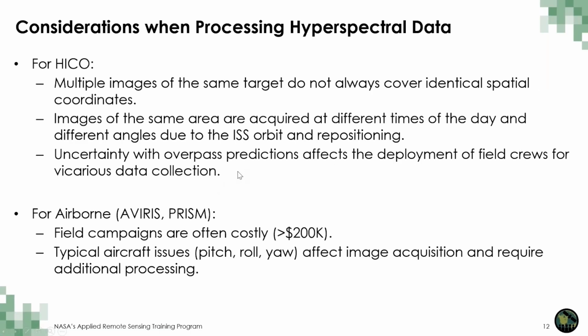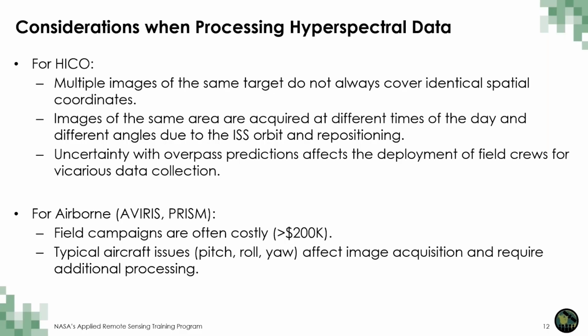So for example, for HICO, speaking about coastal ocean, multiple images of the same target do not necessarily always cover the same identical spatial coordinates. And images of the same area are acquired at different times during the day, or even at different angles due to the ISS orbit and repositioning.